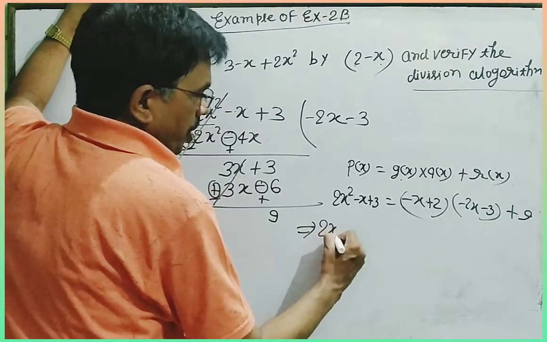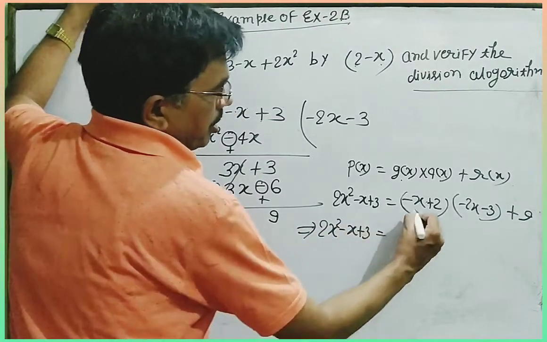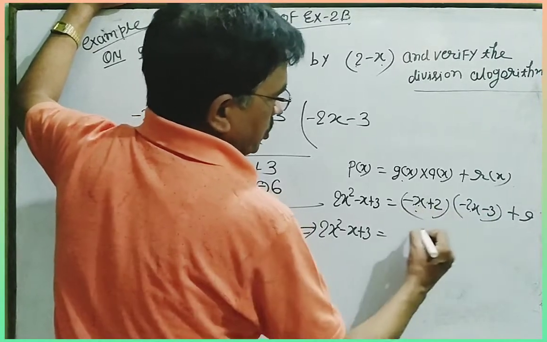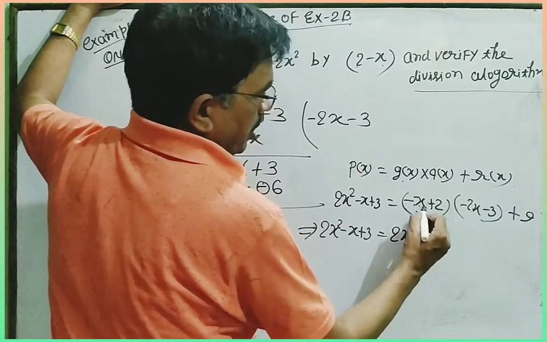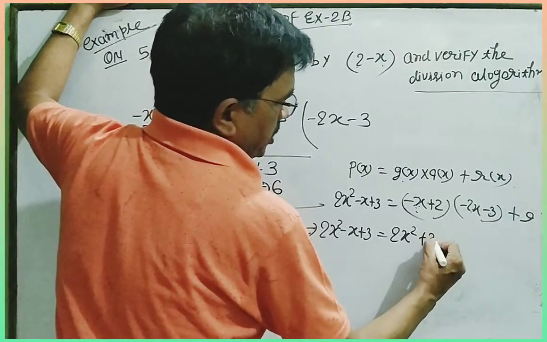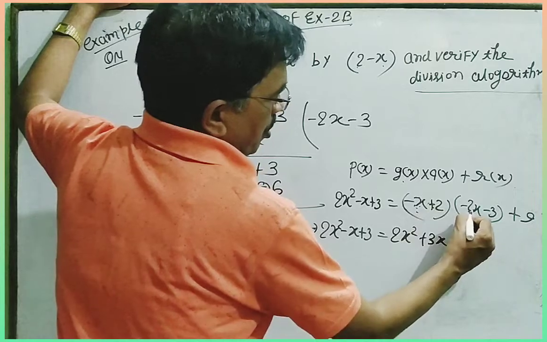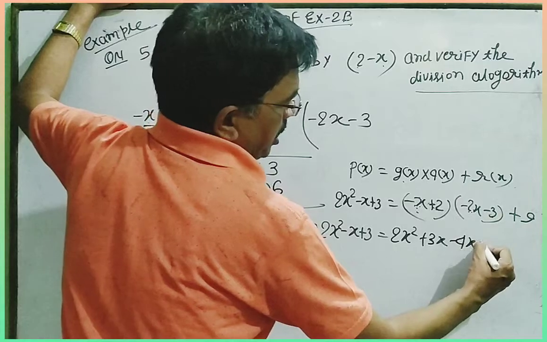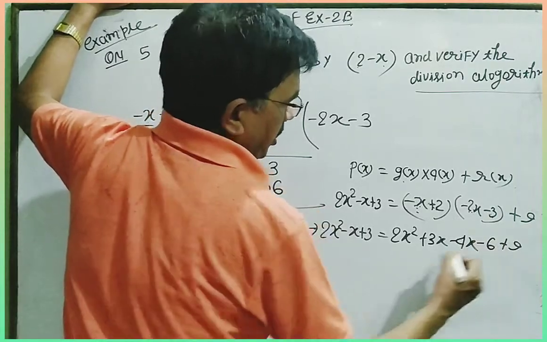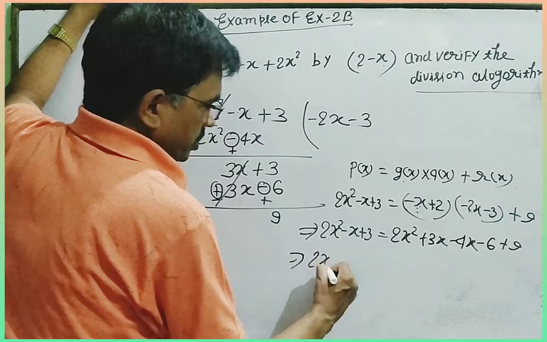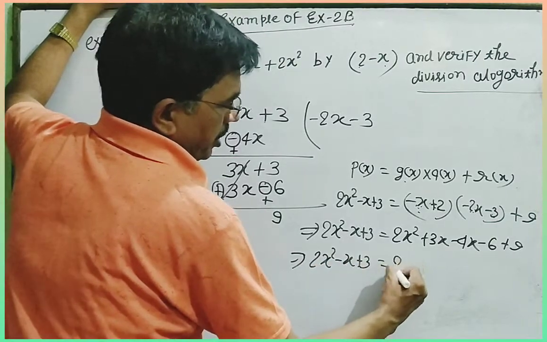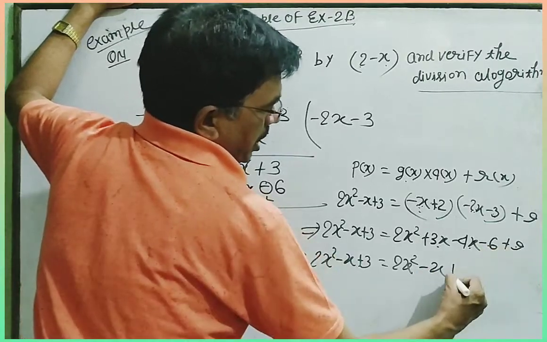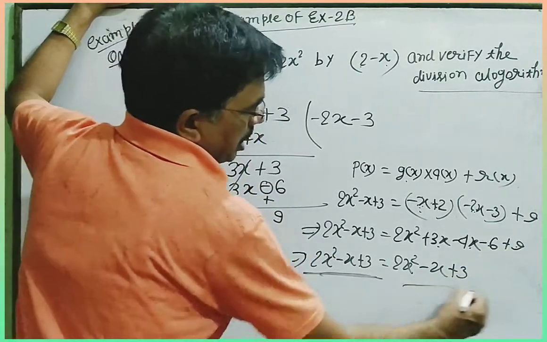Then multiply: you get 2x square minus x minus 3 plus 3x plus 2, minus 2x minus 4x and plus 2 minus 3 minus 6 plus 9. Then 2x square minus x plus 3. That means these are equal.